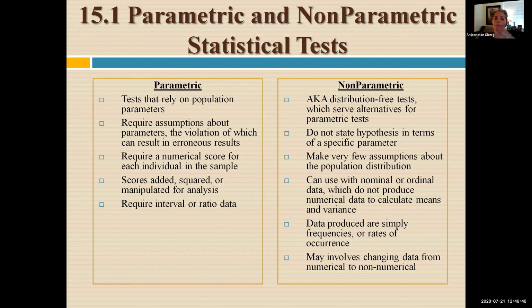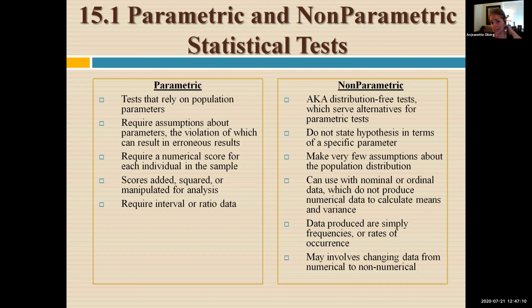We're doing something with the original raw scores in order to calculate our measures of central tendency, our measures of variability, and then we're integrating additional calculations on those measures in order to apply our formulas. So we are depending upon interval or ratio data that we can manipulate for our calculations.